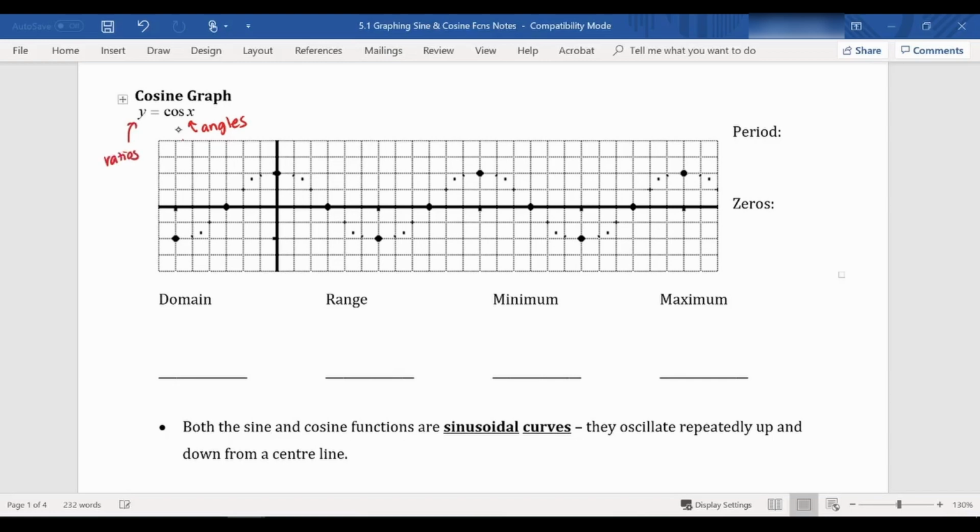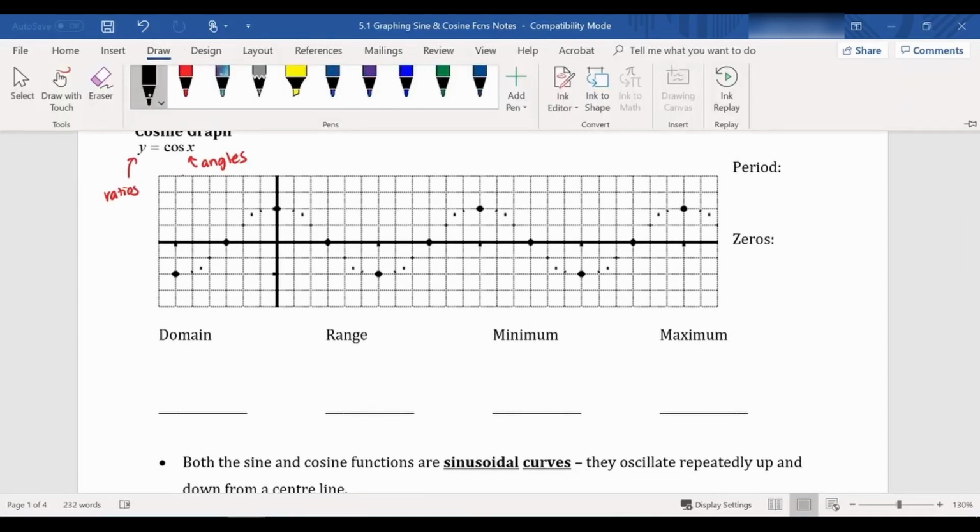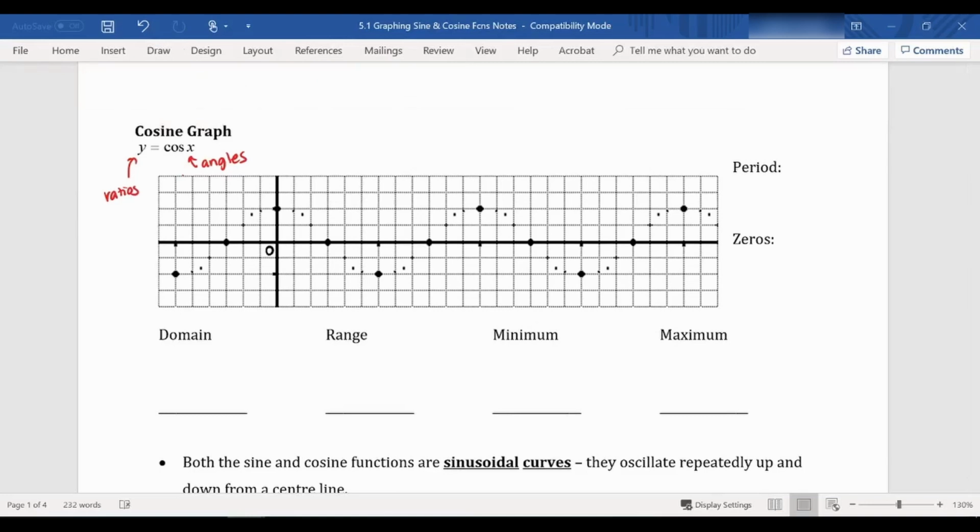So if we think back to our quadrant system again, we know that if we're on the positive x-axis at 0, our cosine value is 1. And we get back to positive 1 again after we've gone around a full circle. We hit negative 1 if we're on the negative x-axis, which was an angle of pi. And we know that cosine is 0 on the y-axis.